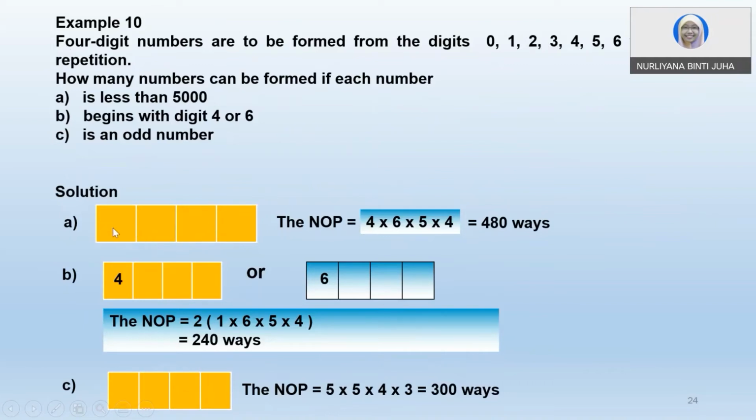The number cannot start with 0, kan? So it should at least start with 1 lah. 1, 2, 3 and 4. Why only up until 4? Sebab the maximum we can get is number 4,999. 4,999 cannot reach 5,000 sebab dia kata less than 5,000.